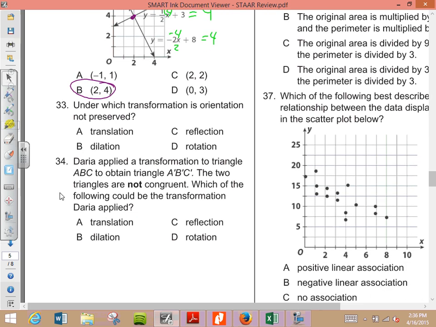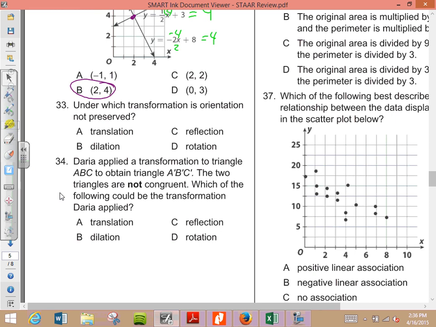Under which transformation is orientation not preserved? What does that mean? It's not the same. Not the same. So which one? The orientation? Guys, what does orientation mean? Position, position.